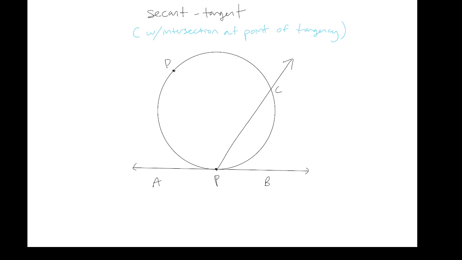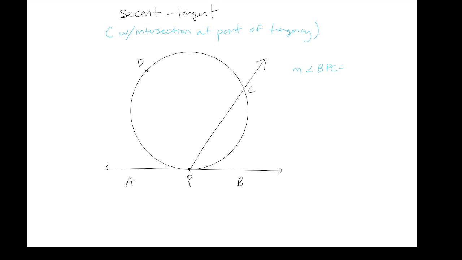Now I have created a whole different angle. Let's consider this angle I have right here, BPC. The measure of that angle has a relationship in that it is also 1/2 of the measurement of that arc PC. We dealt with this in our last lesson where we had inscribed angles that had a relationship of 1/2 of the minor arc that they were intercepting, right? We're only intercepting a singular arc here.